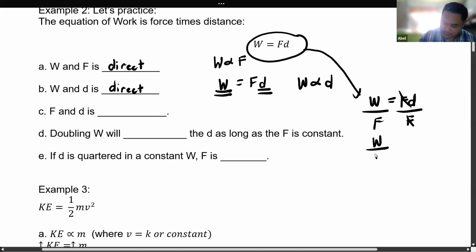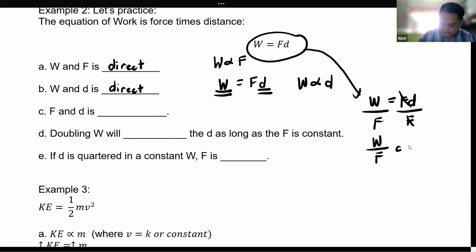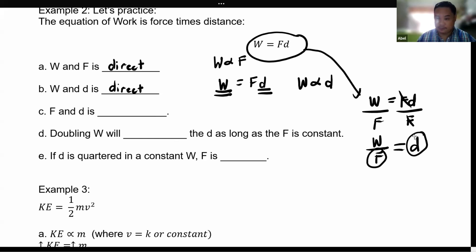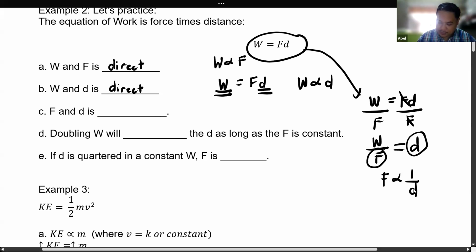That would be work over F is equal to D. You will see here that the force is on the denominator part, and on the other side of the equation, the D is on the numerator part. So force is inversely proportional to D. So F and D, they are in inverse proportion.